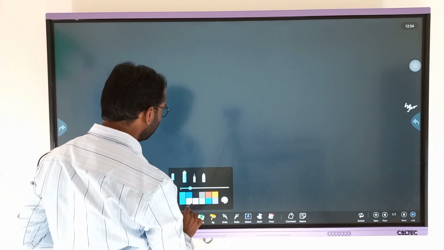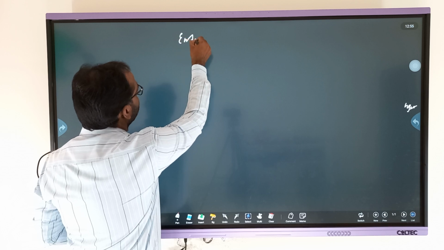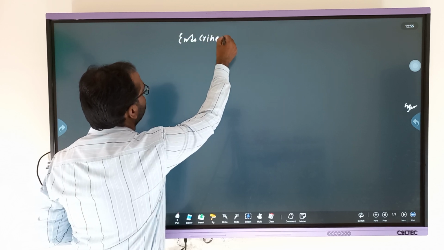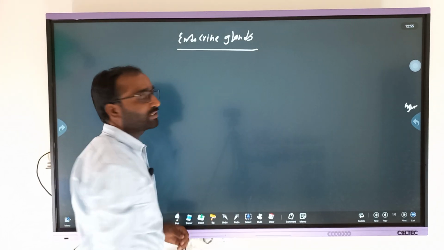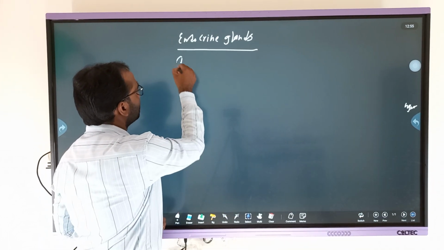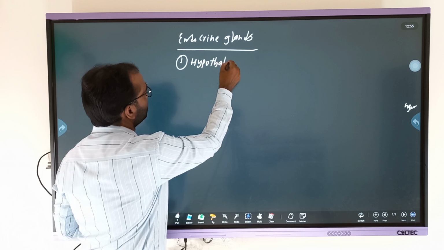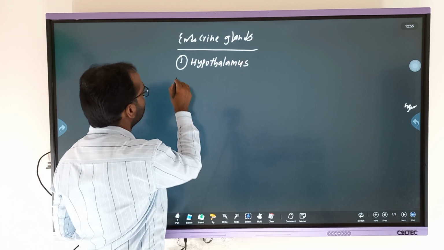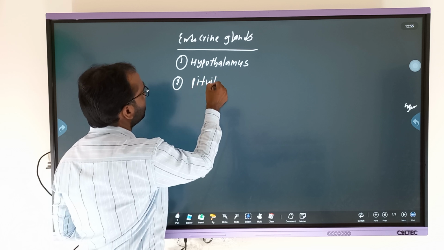Right. So next, one by one, endocrine glands in the body. First one, hypothalamus, and second one is pituitary gland.